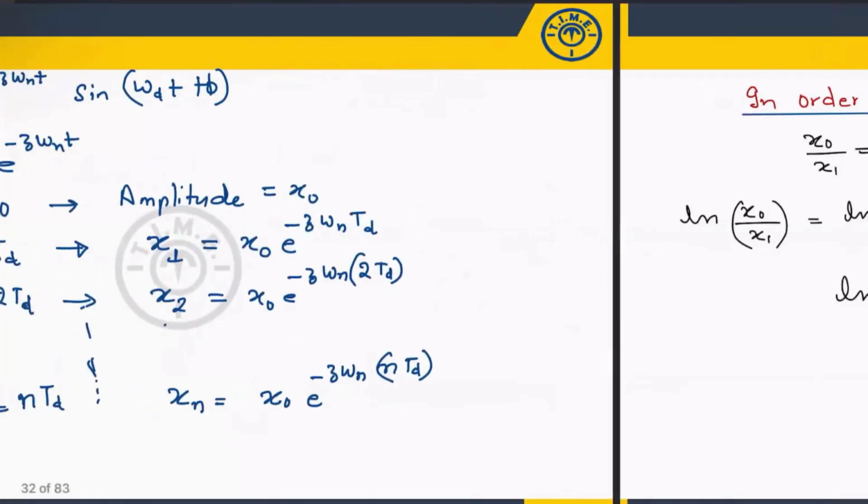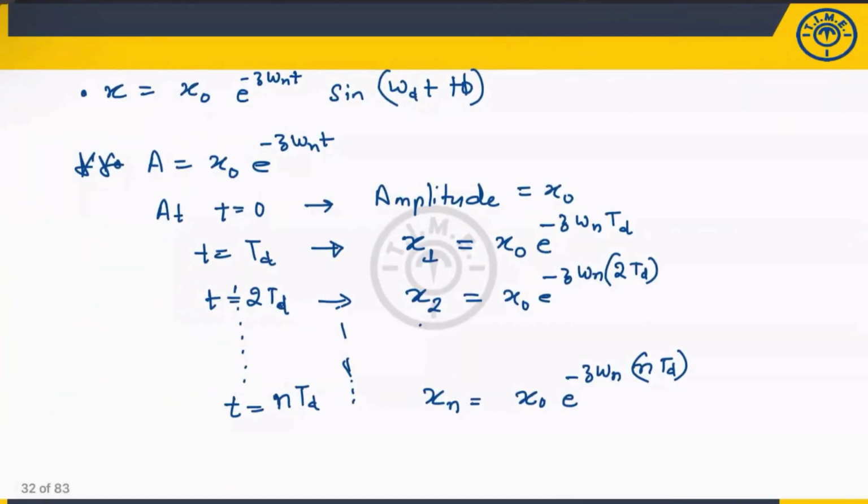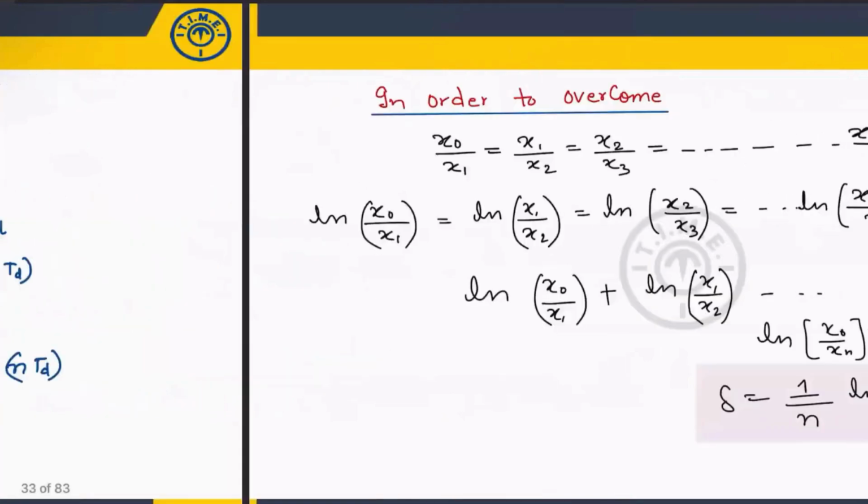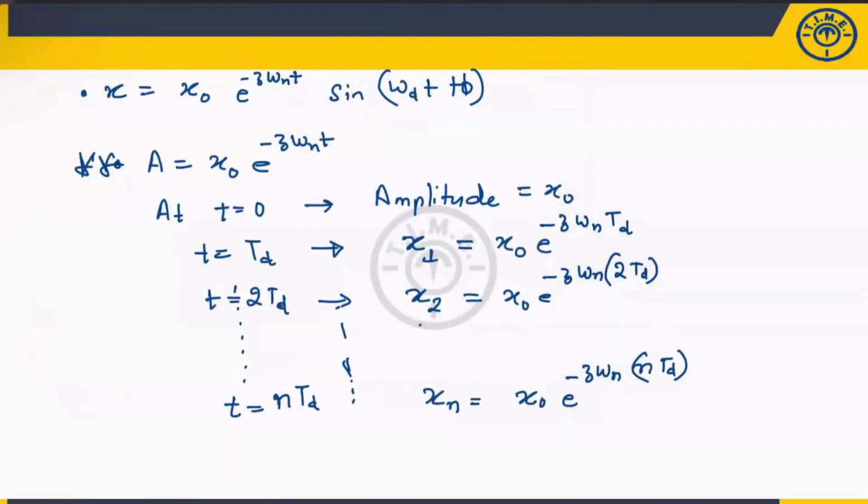Can I write x naught by x1? You just divide. So 1 by e to the power of minus zeta omega n td.